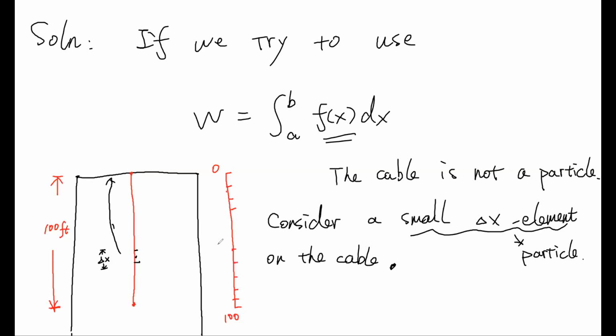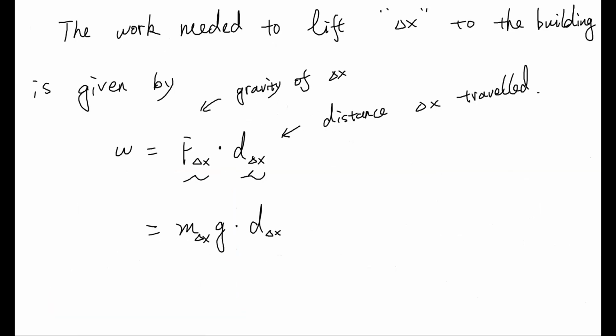Suppose this is the ith element, right here, then the distance of the ith element delta x can be described by a sample point.